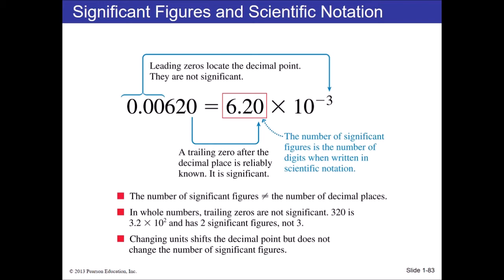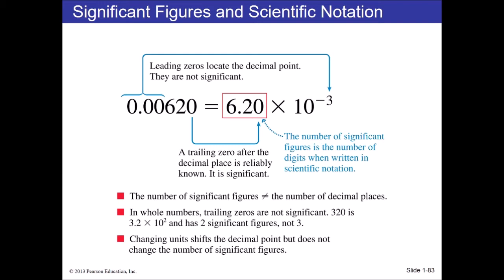You moved it to the right by 3, so we get a negative 3. If we move left, for example, larger numbers, then it would be positive.